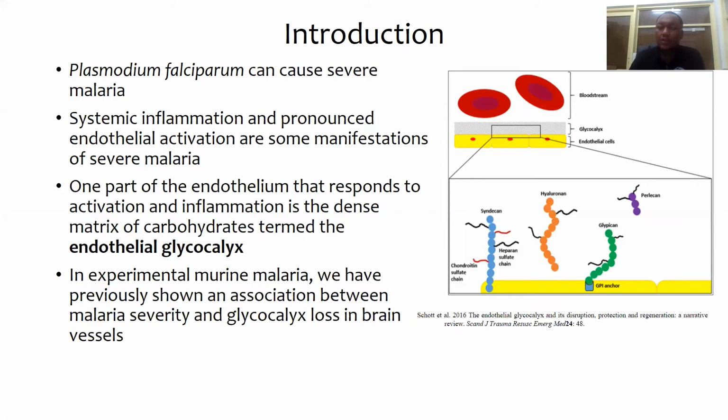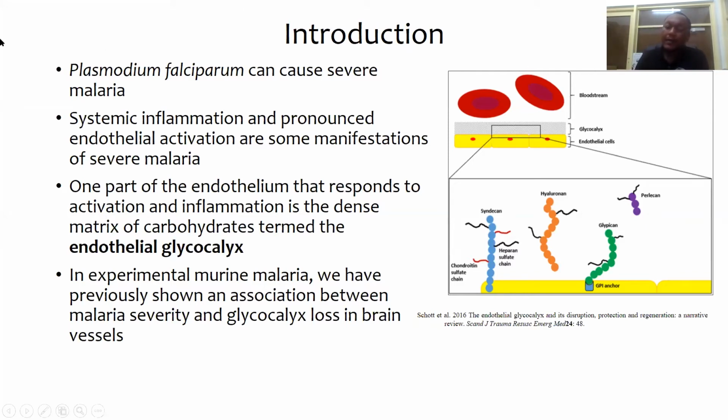vessels. We all know that falciparum can cause severe malaria, and severe malaria is associated with systemic inflammation and endothelial activation. So we hypothesized that severe malaria will cause the erosion of this layer, and then other severe episodes of malaria will appear, like infected blood cell adherence.